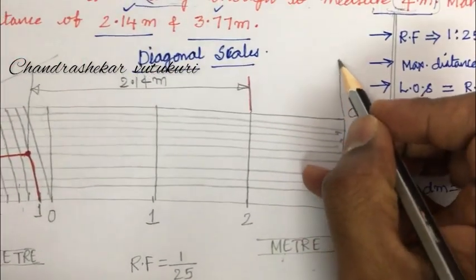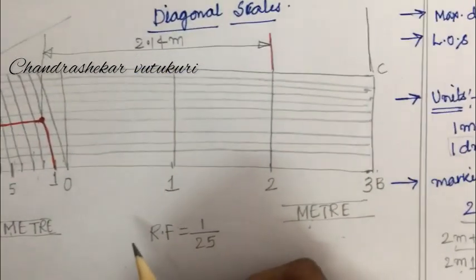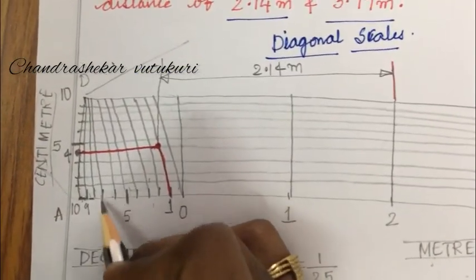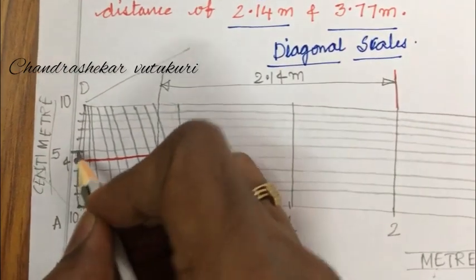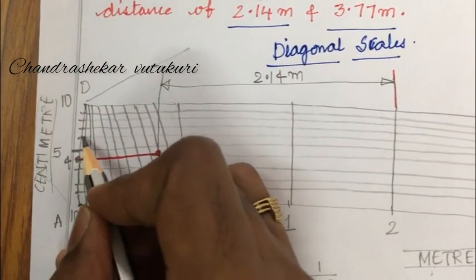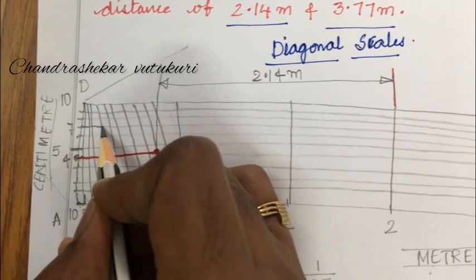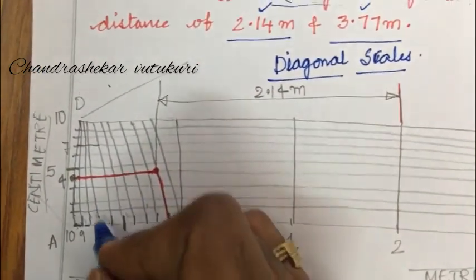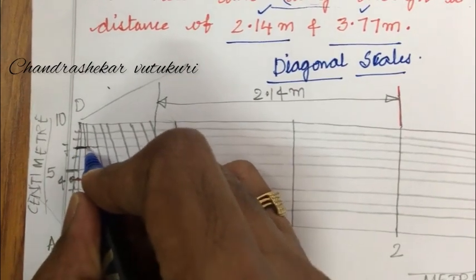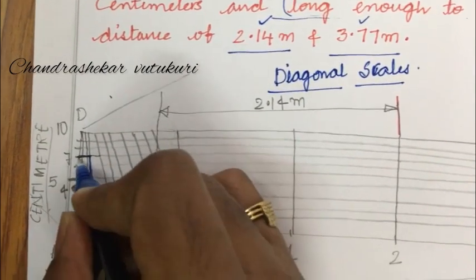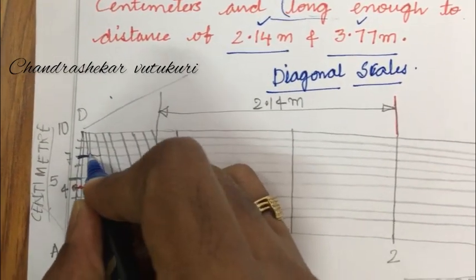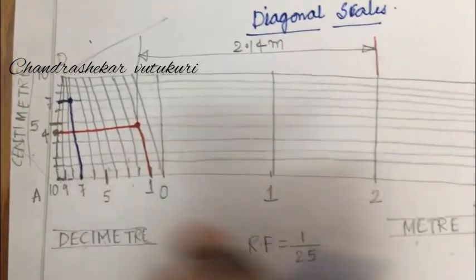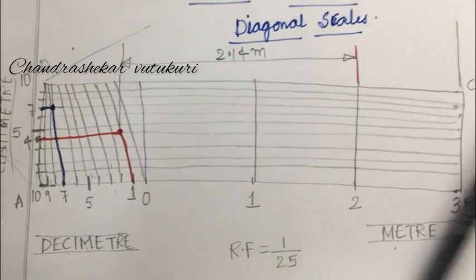Now this is said to be a 3 meter scale, and 7 decimeter, this is the decimeter scale, 5, 6, 7, this is a 7, and along this also 7, 5, 6, 7, this is the 7th division. Along this we are supposed to plot till the 7th division, a marking on the scale, and highlight this part, and this is said to be 7 centimeter and 7 decimeter along this diagonal scale.